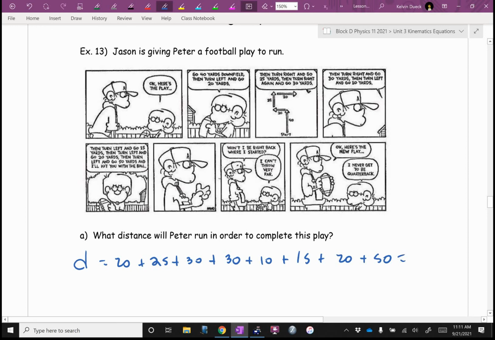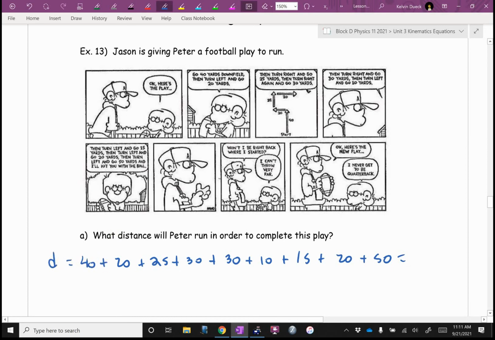I can do this in my head. 20, 25 is 45, 75, 105, 115, 130, 150. No, I'm off. Or did I write this down wrong? Did I make a typo, Mr. Dewick? I think I missed a 40. I missed the 40 at the start. The nice thing with digital ink is I can just do this and nobody knows the difference.